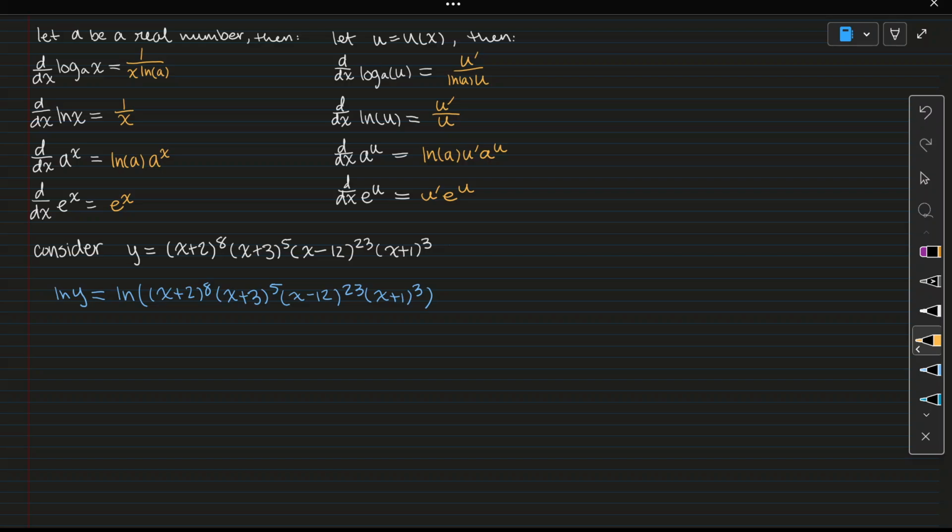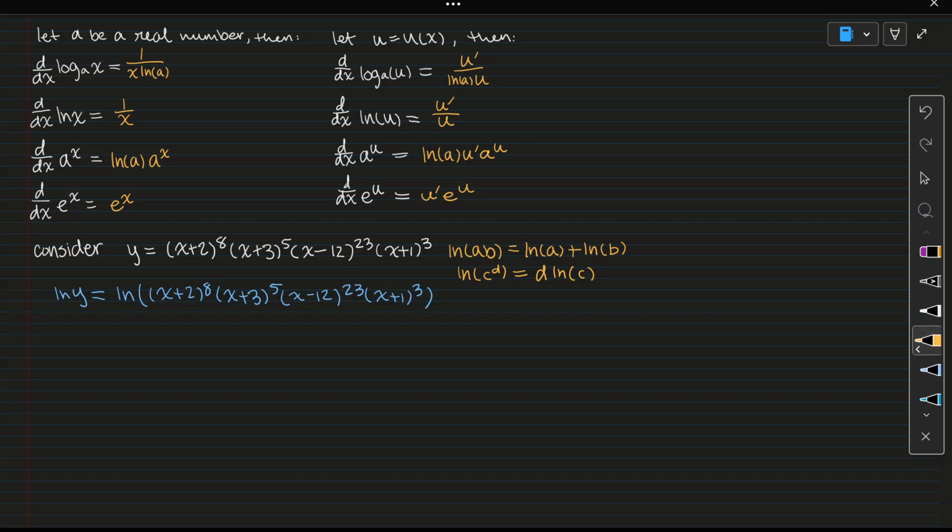I remember that ln of a times b is equal to ln of a plus ln of b. And the other thing I remember is that ln of c to the d is equal to d ln c, right? I just popped that exponent out front.